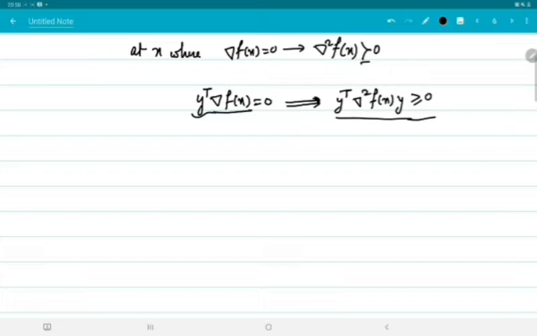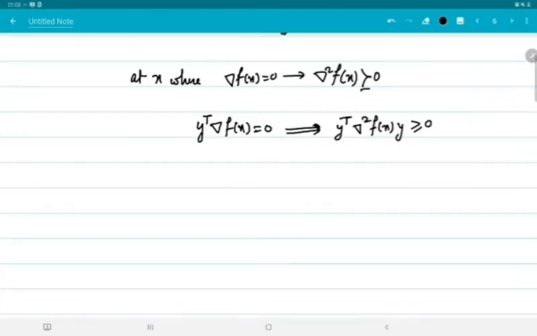So except for one eigenvalue, all the eigenvalues have to be non-negative. At most one eigenvalue can be negative, and that eigenvalue corresponds to the direction of the normal, because we are looking at the plane which is orthogonal to that normal.